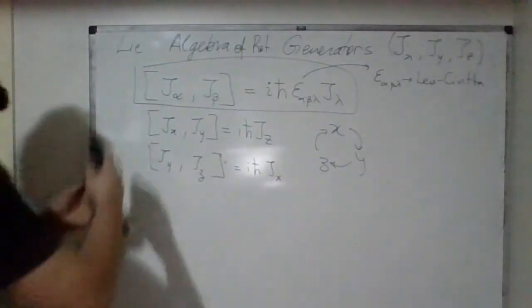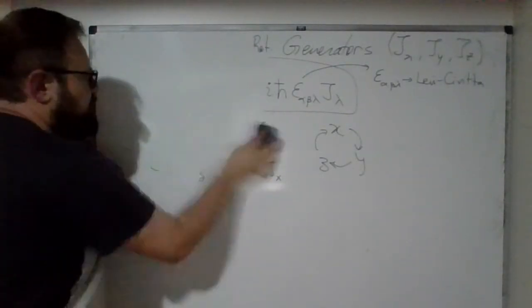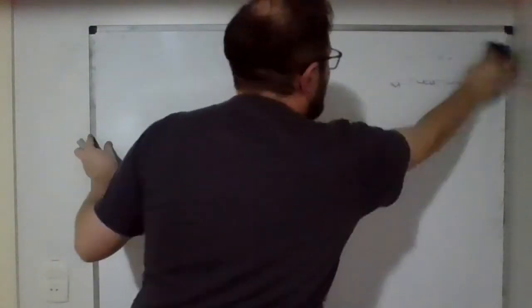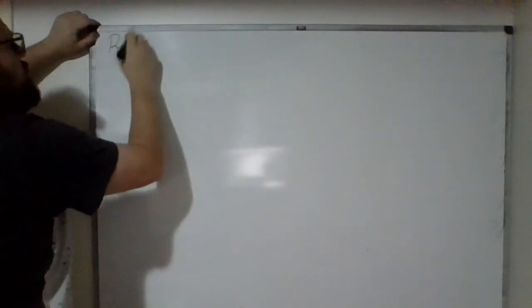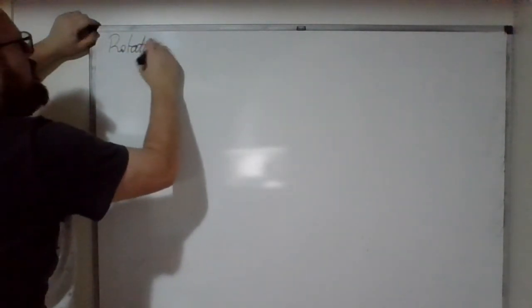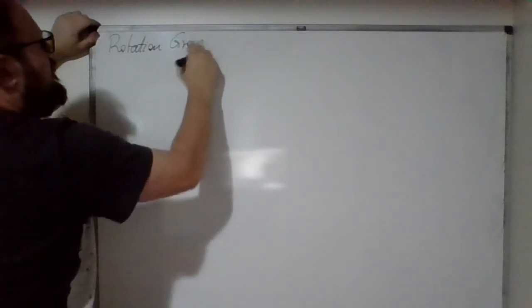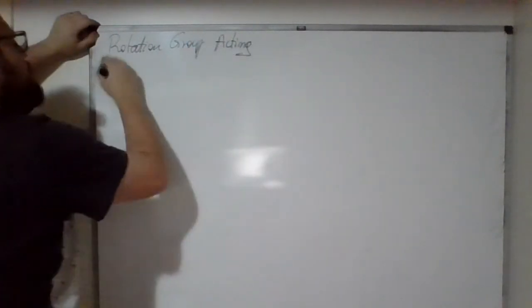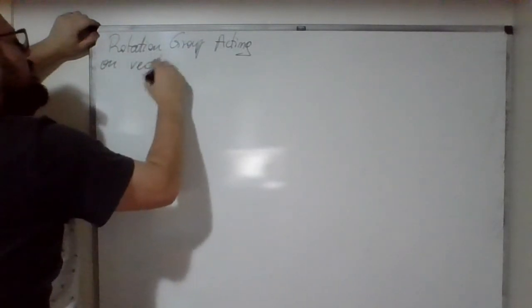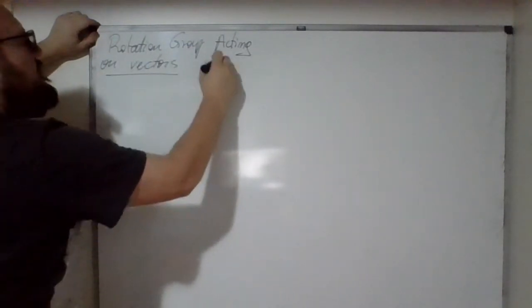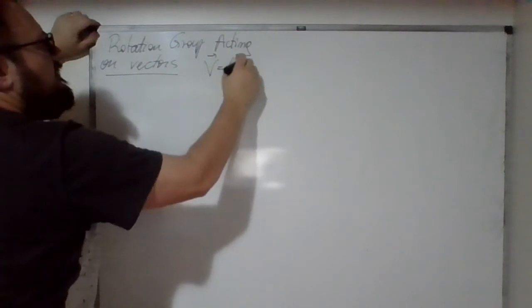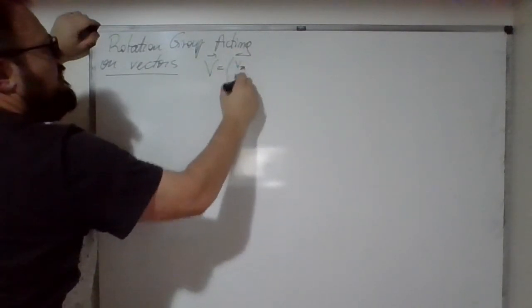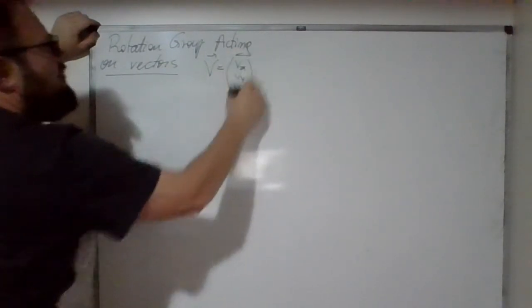So, what do you have? For three-dimensional vectors, you have a rotation group acting on vectors V, which have three components.